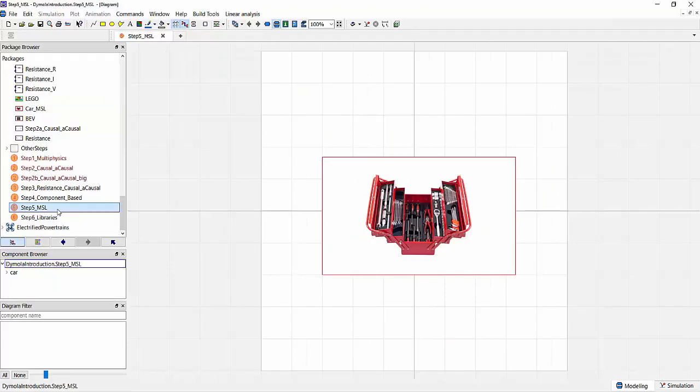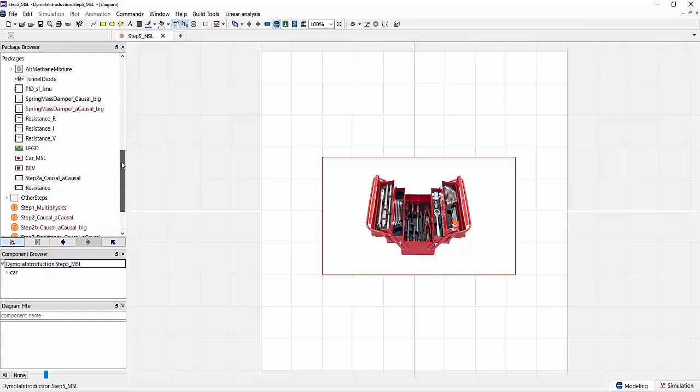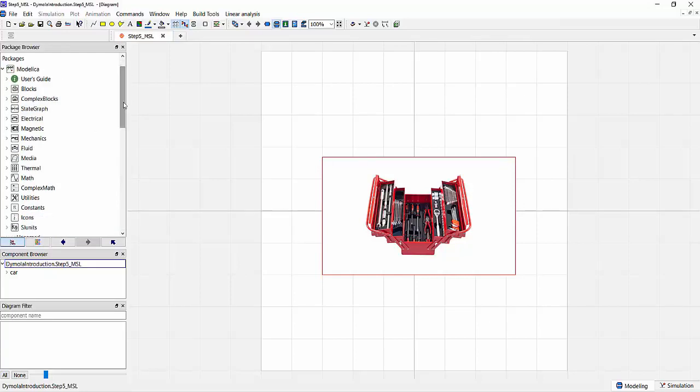Now that we've introduced components, the next logical step would be to group all these components. And Dymola comes out of the box with the Modelica standard library, which is developed and maintained by the Modelica Association, who are also the guardians of the Modelica language standard definition. The Modelica standard library itself contains all the base components for many different physical domains that you might need.